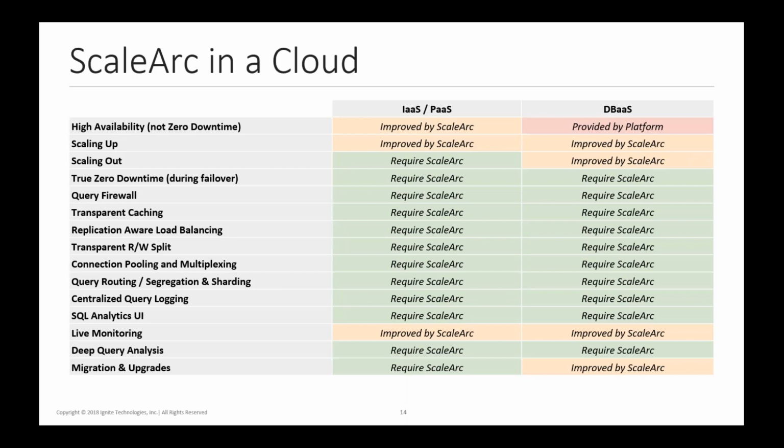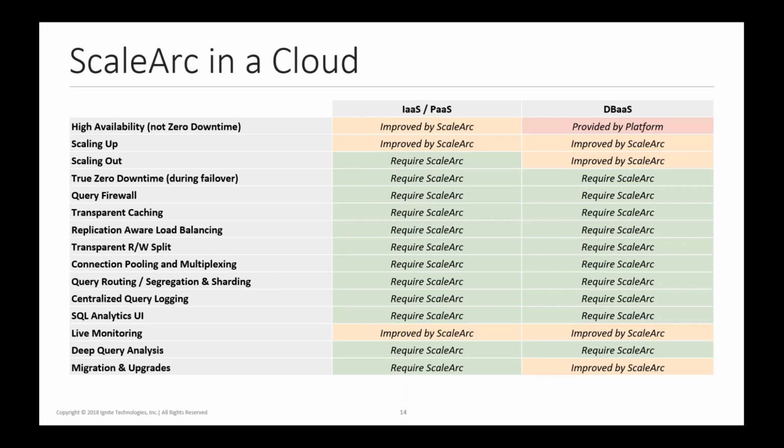A few things you might notice here: the majority of these features are just not available within the cloud. The likes of transparent caching, replication-aware load balancing, and transparent read-write split all require ScaleArc to be in the infrastructure.